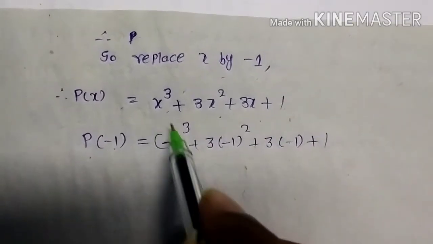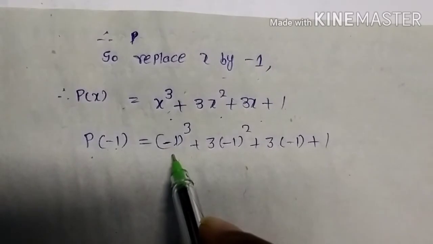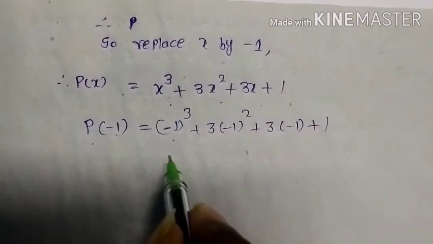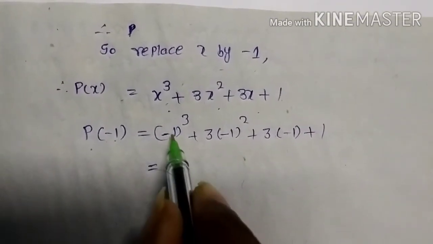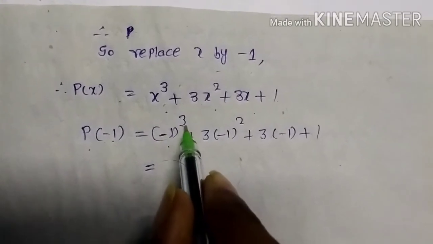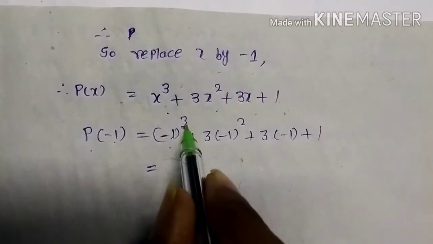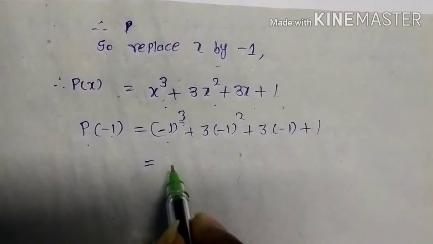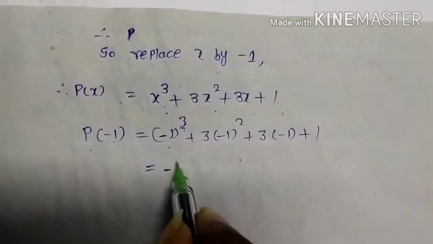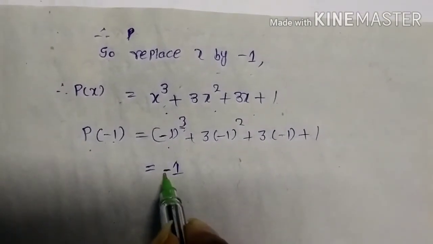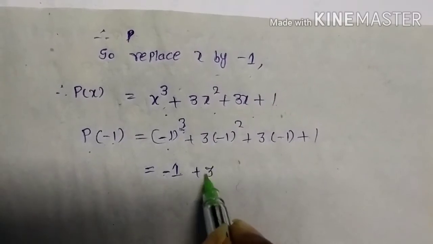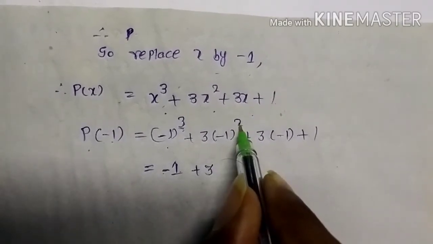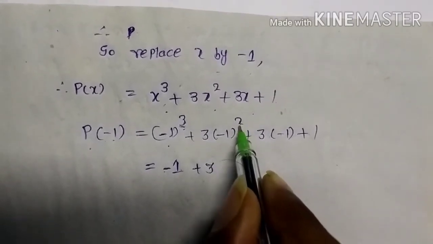I am just substituting x is equal to minus 1. Minus 1 whole cube: 3 is an odd number, so you will get the negative sign as your result. That means minus 1 plus 3 into, see here, 2 is an even number.